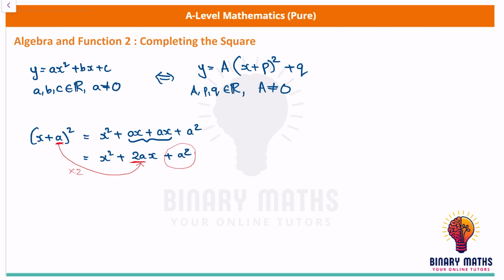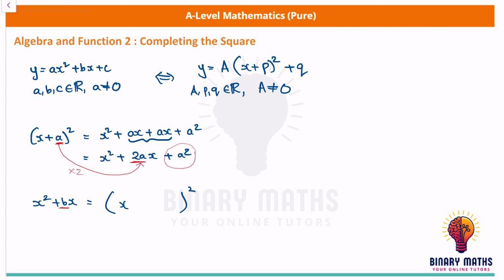Now if I want to go backwards, so if I start off with something that's in expanded form already, such as x² + bx, I won't have a constant because a constant doesn't change much, so imagine the constant is 0. I want to put it in completing the square form, which means I've got x plus something in the bracket, squared. I doubled to get the coefficient of x, so going backwards I need to divide by 2.